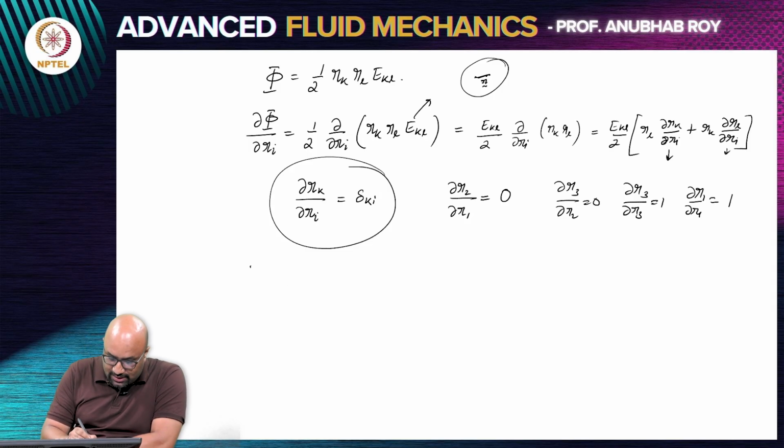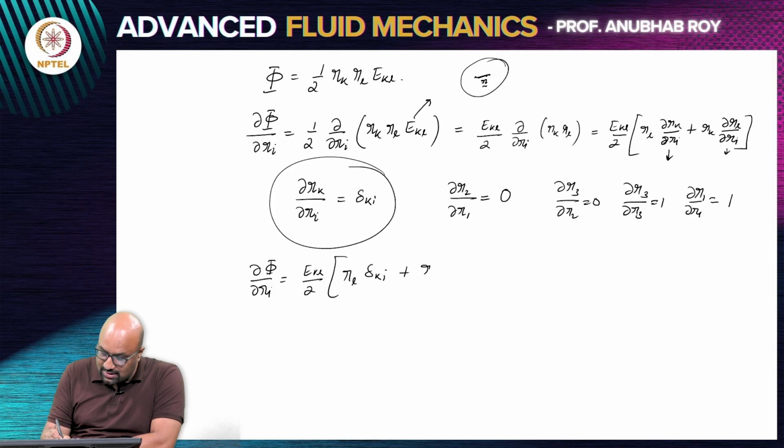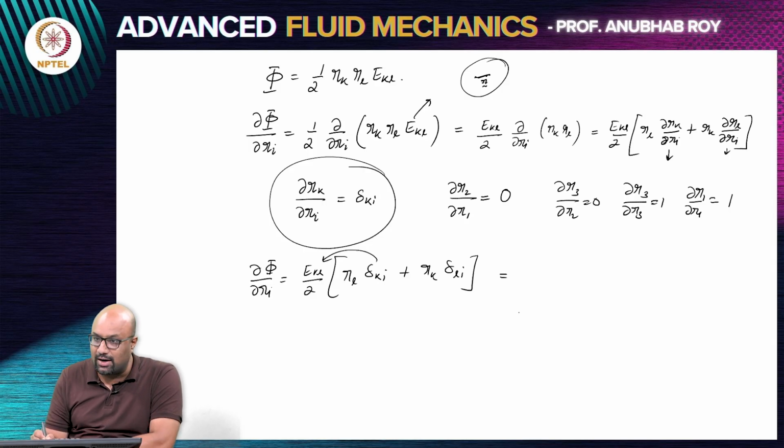So we will now write this. Dou phi dou Ri is Ekl Rl delta Ki plus Rk delta Li. Now let us apply this. We know how the Kronecker delta works.